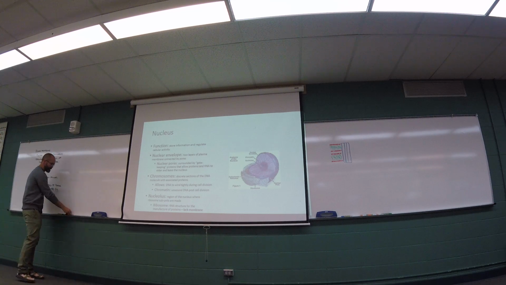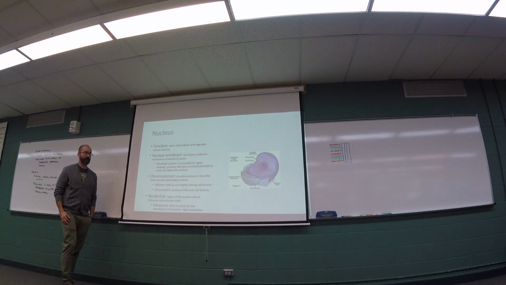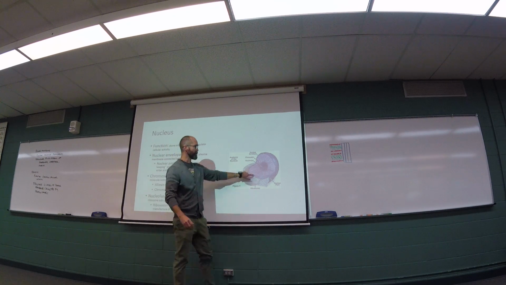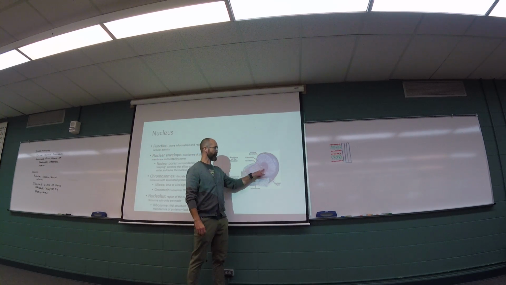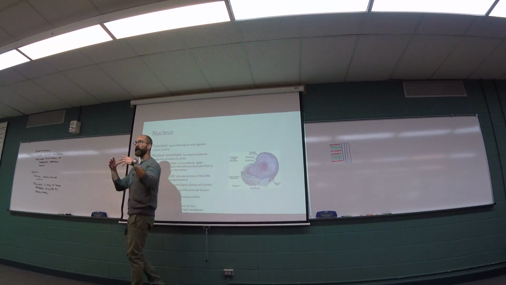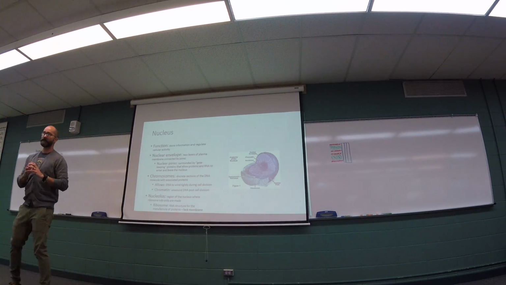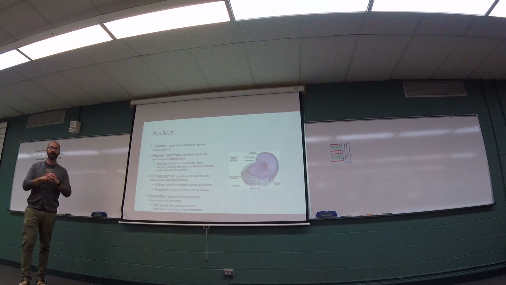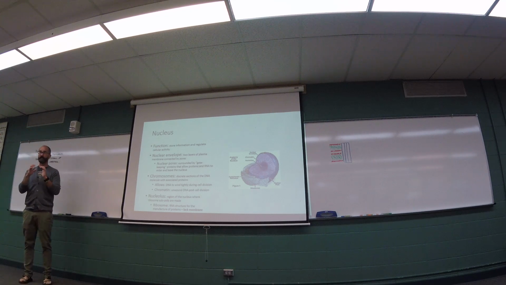There's an important region of the DNA called the nucleolus. And so this diagram shows you the nucleus, and then there's this darkened region in here called the nucleolus. It's highly condensed DNA that's responsible for making the RNA that goes into ribosomes. So it makes ribosomal RNA.